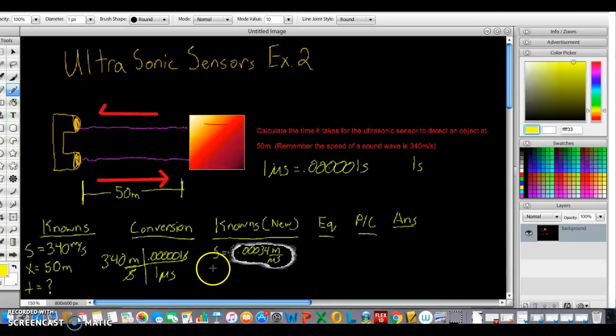All right, our distance is still 50 meters, and our time, that is what we're trying to find.